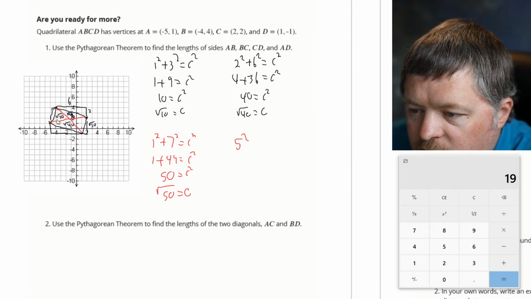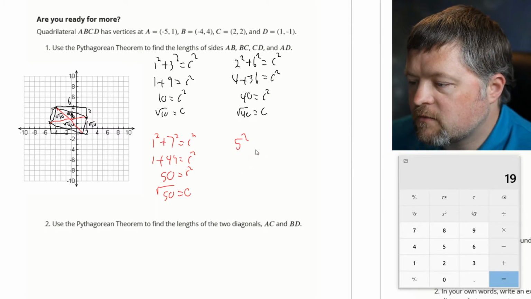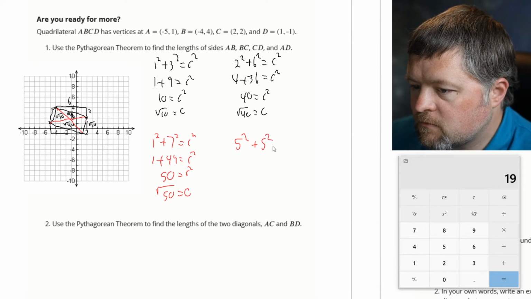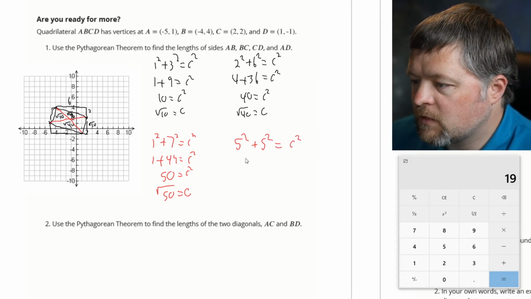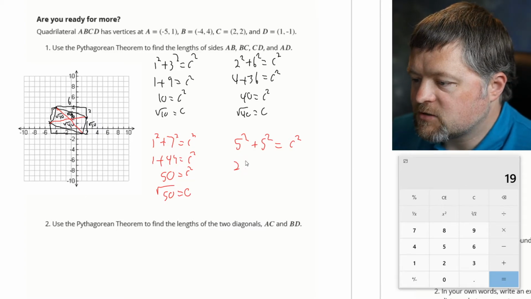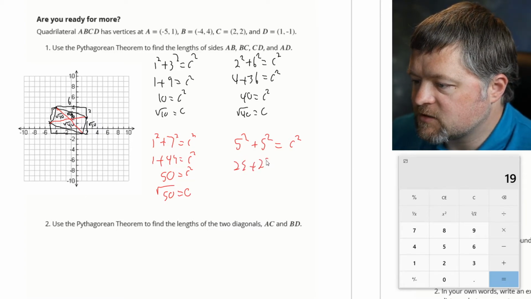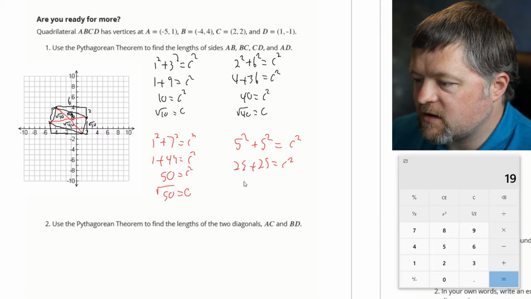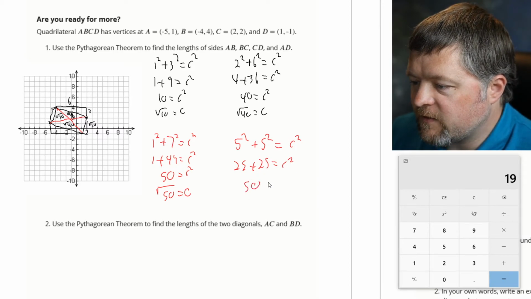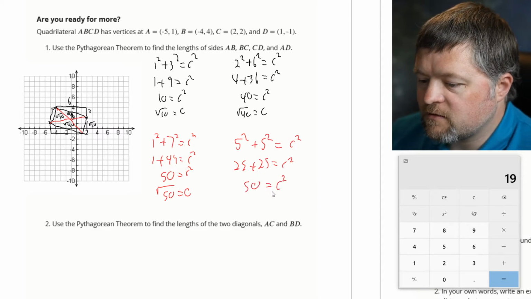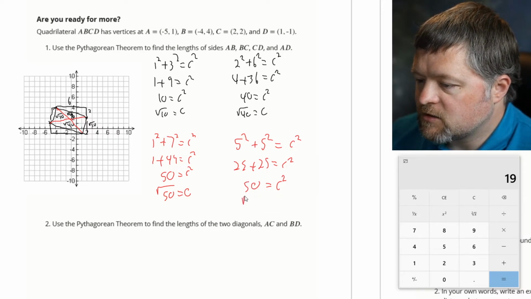Is that right? 1, 2, yeah. 5 squared is 25, plus 5 squared is 25, equals c squared. 25 plus 25 is 50 equals c squared. So the square root of 50 is equal to c.